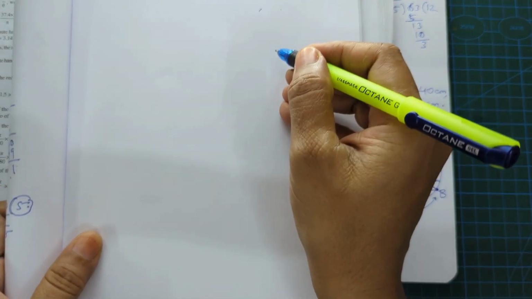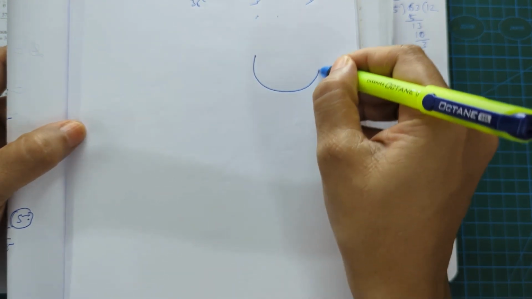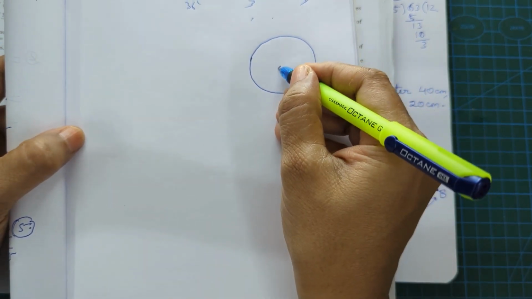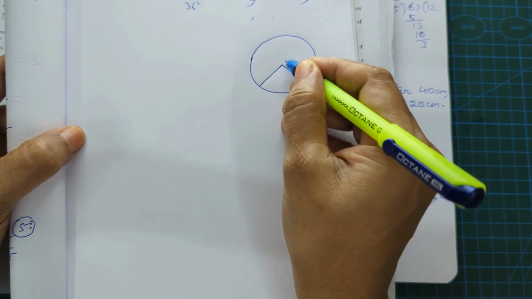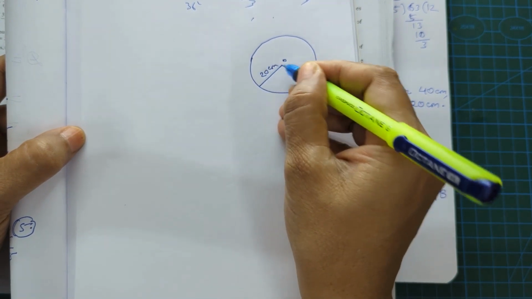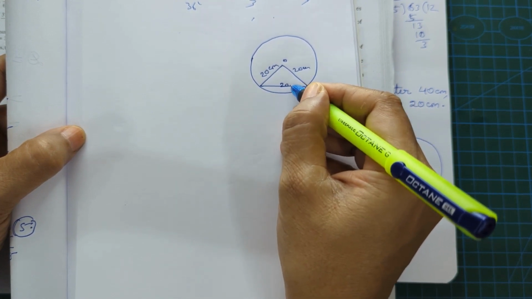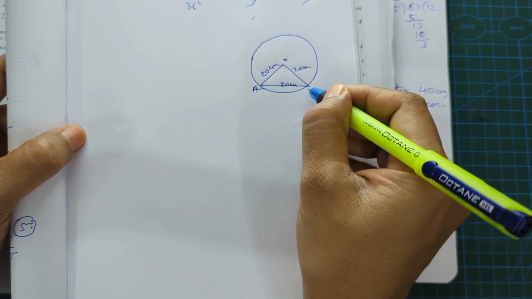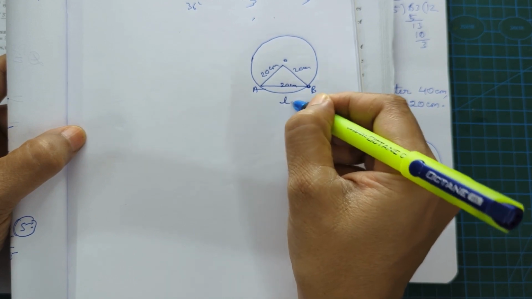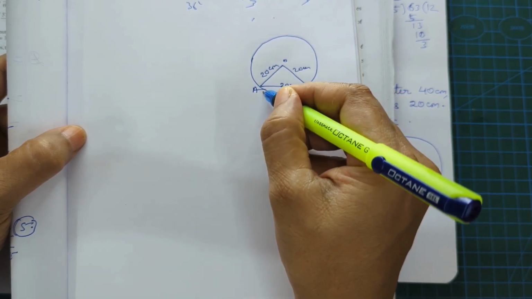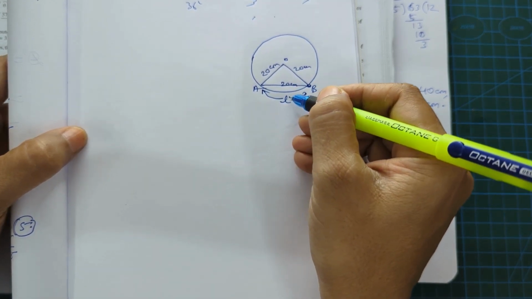I'm just drawing a diagram related to this. There is a circle whose radius is 20 centimeter, there is a chord whose length is also 20 centimeter. Minor arc is in this zone A to B. So we are supposed to find this.